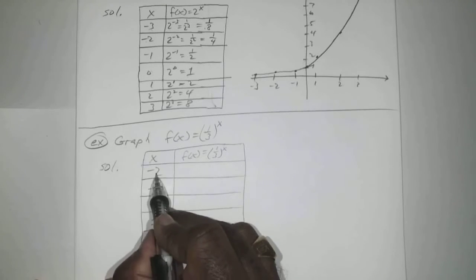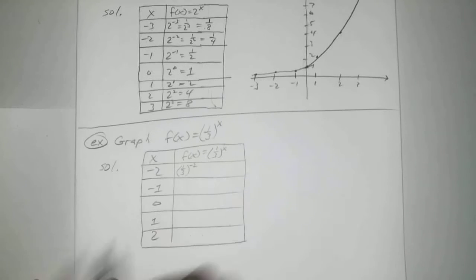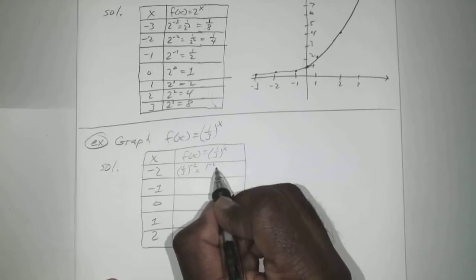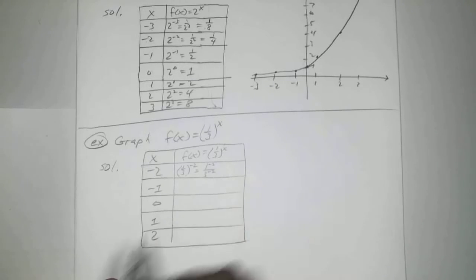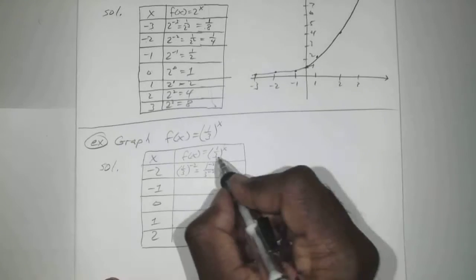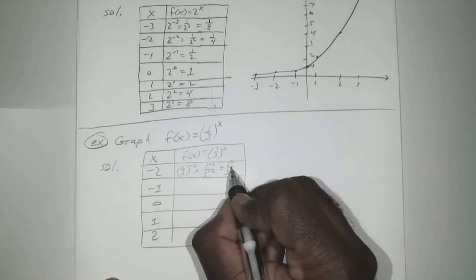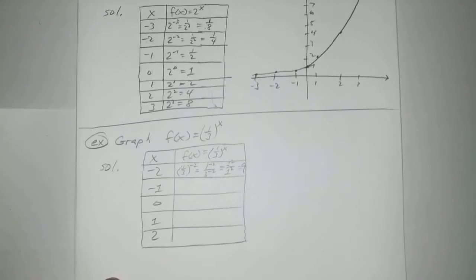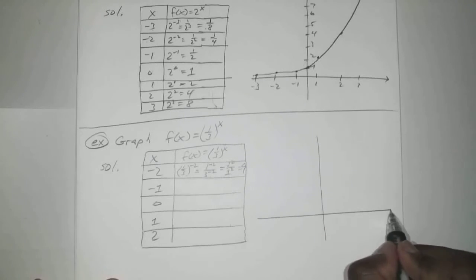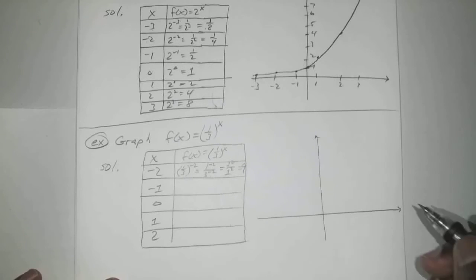Okay. So if x is equal to -2, I have 1/3 to the -2 power. Remember, that's just 1 to the -2 over 3 to the -2, which means that negative exponent goes down, that negative exponent goes up. It's just 3 squared over 1 squared, which is just 9. All right, so we can go ahead and make our graph.